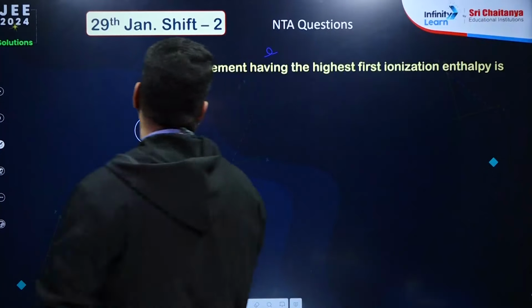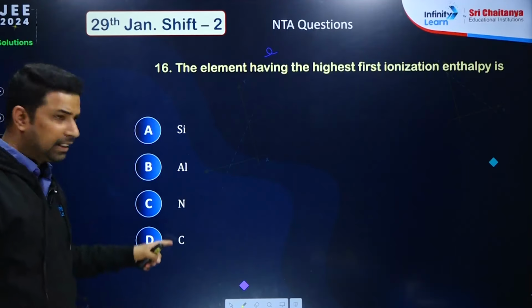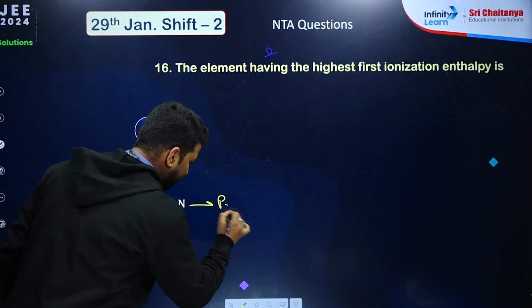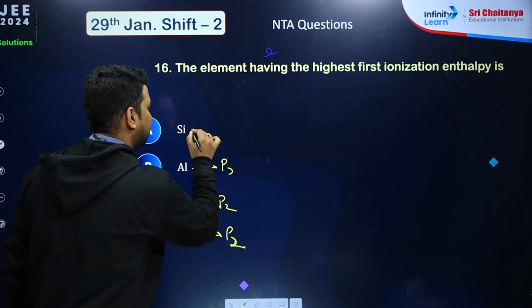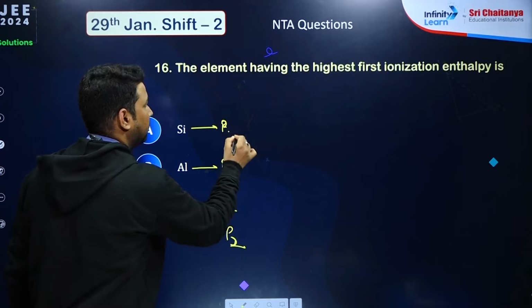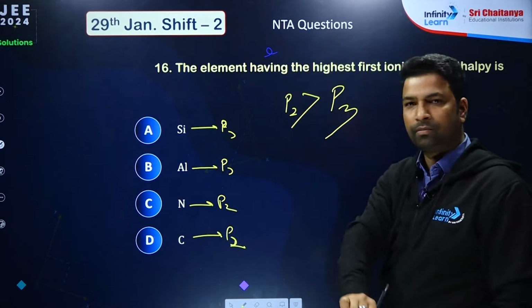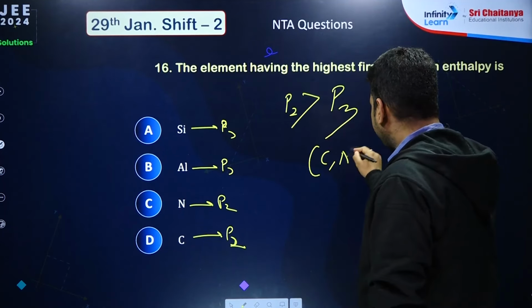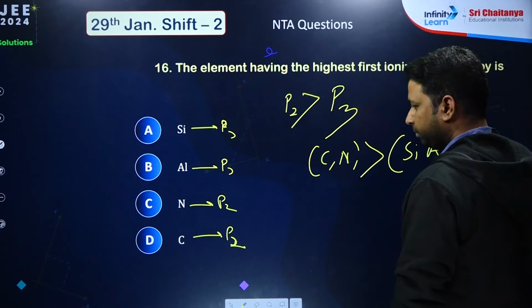Question number 16. The element having the highest first ionization enthalpy. Segregation. This belongs in the second period. This belongs in the third period. And p2 is always greater than p3. So carbon and nitrogen are always greater than silicon and aluminium.